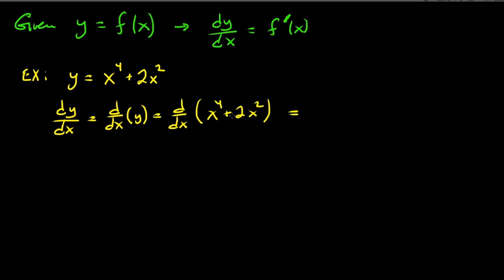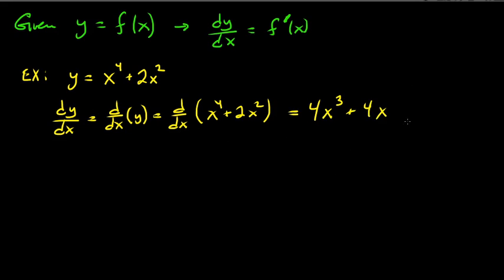And there's no product rule necessary here. There's no quotient rule necessary. This is just the sum rule and the power rule, and constant times function rule. So we get 4x cubed plus 4x to the 1. Okay, so that's the derivative.